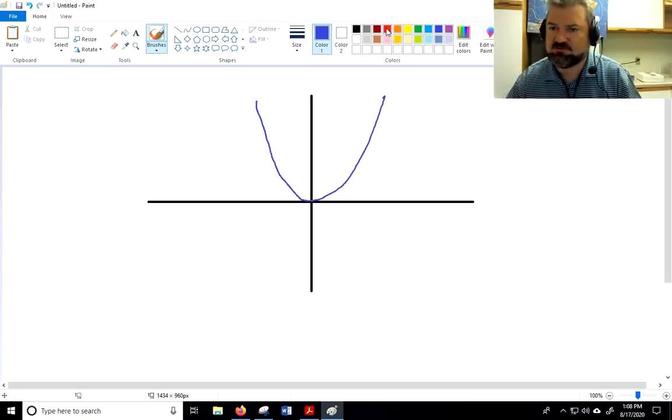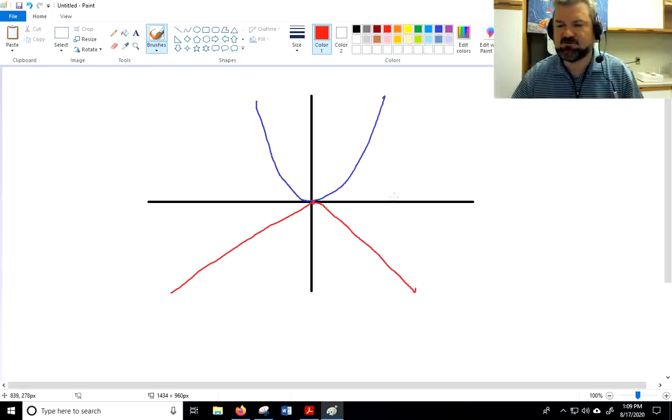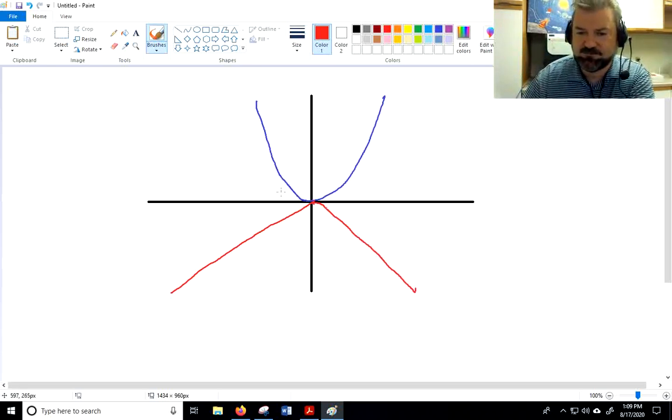And I also had something like a cosine or a sine graph flipped over, or you know what, I'll do a negative absolute value graph. How's that sound?